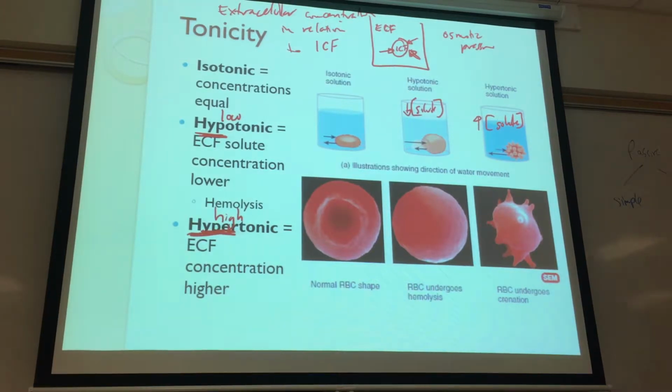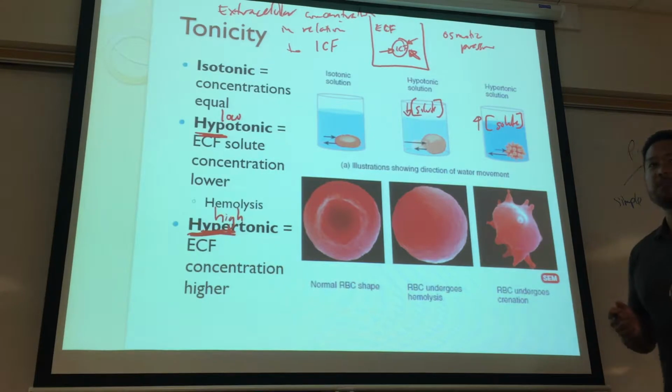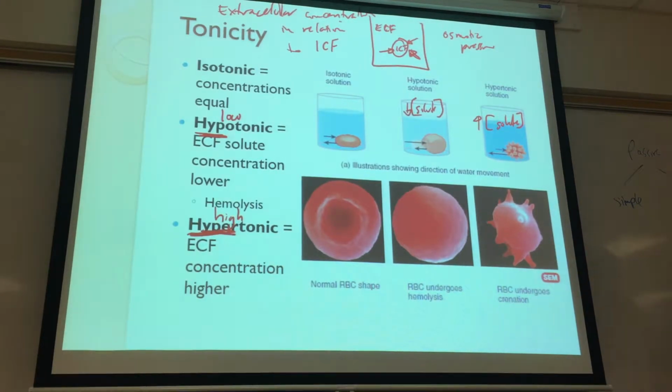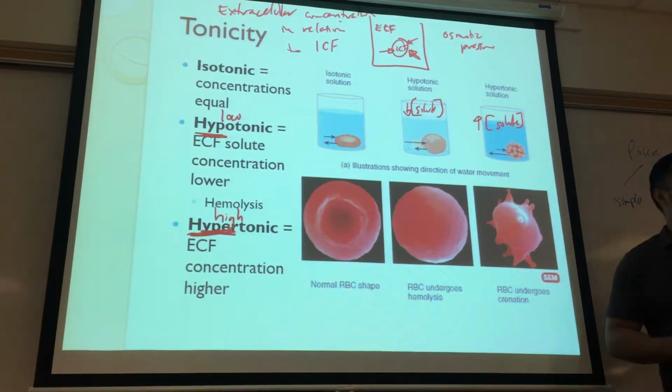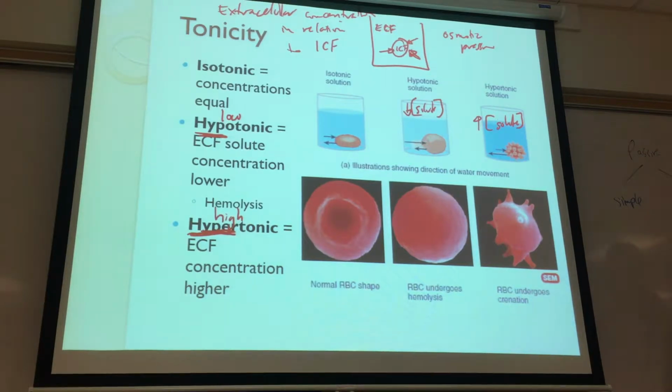So the example that I've seen before of this is people that would buy a fish and they know nothing about fish, and they'll take a saltwater fish and put it into fresh water. So you'll see what happens eventually to that fish.